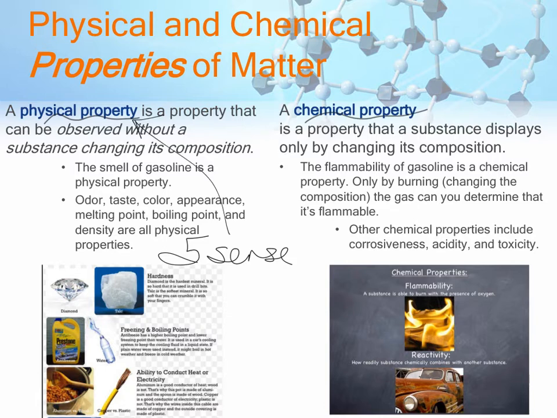You can describe the smell or the hardness, the feel of something without destroying its chemical composition. A chemical property, in order to understand whether or not a substance undergoes chemical change, you've got to make it change chemically. So a chemical property is a property that can be observed only by changing the composition. So if you want to know if something's flammable, you have to try to burn it.